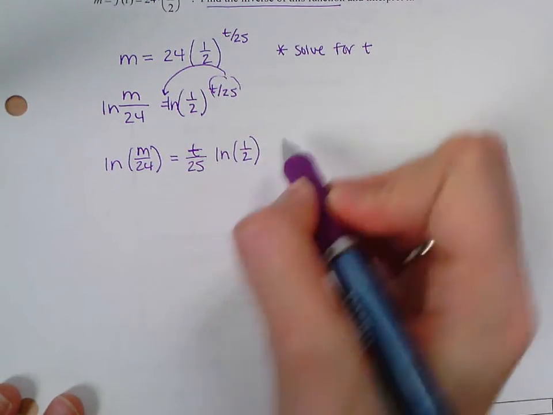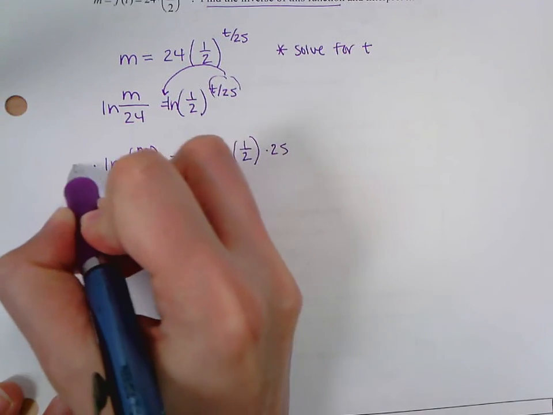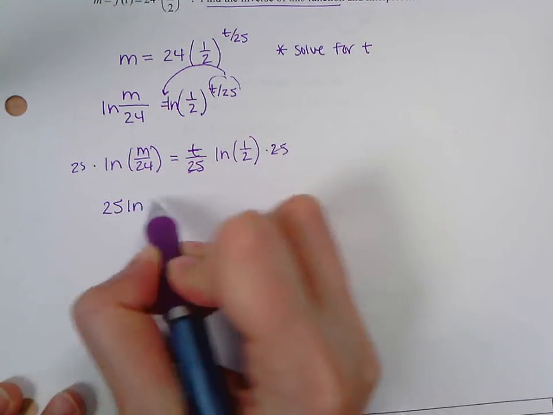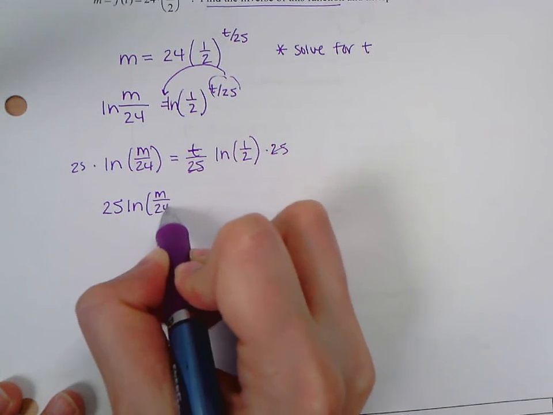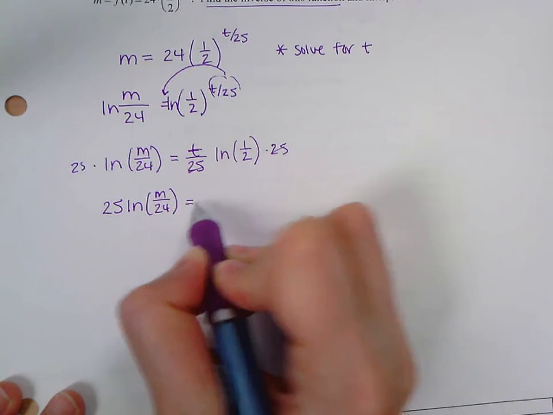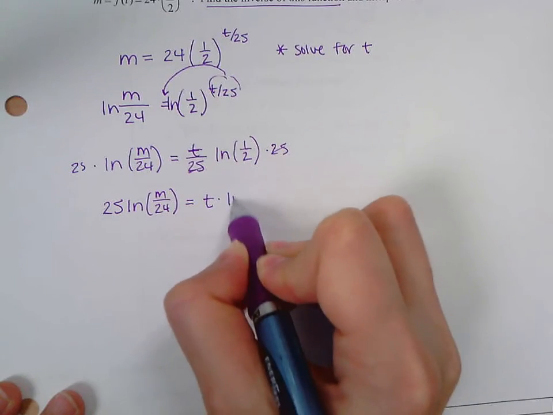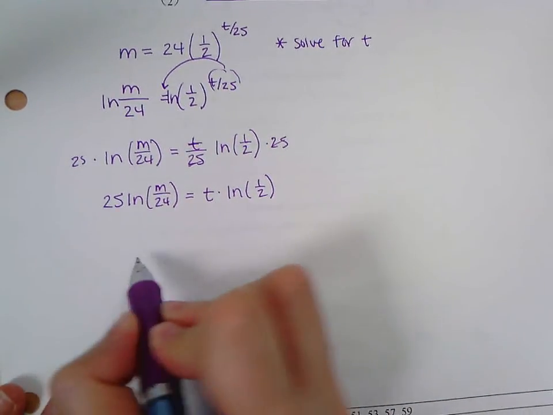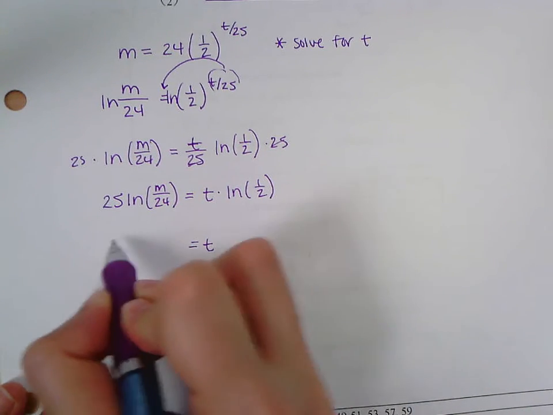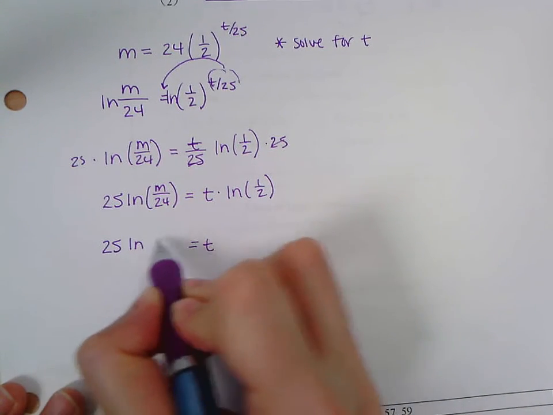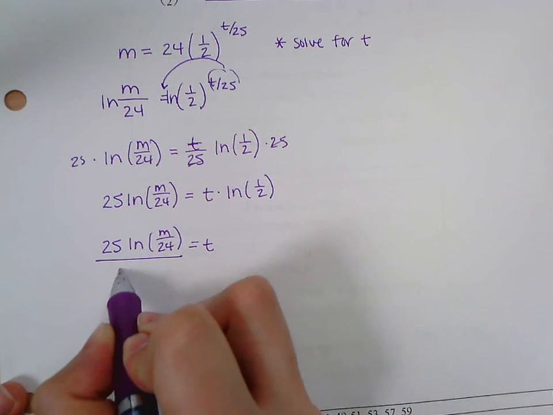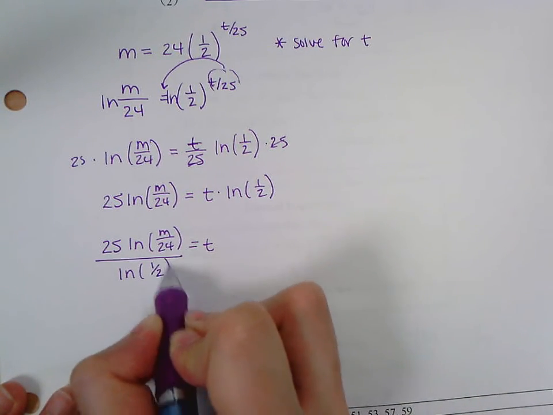So if I multiply by 25, so 25 natural log of m over 24 equals t times the natural log of 1/2, and then divide by natural log of 1/2. So t will equal 25 natural log of m over 24 all over natural log of 1/2.